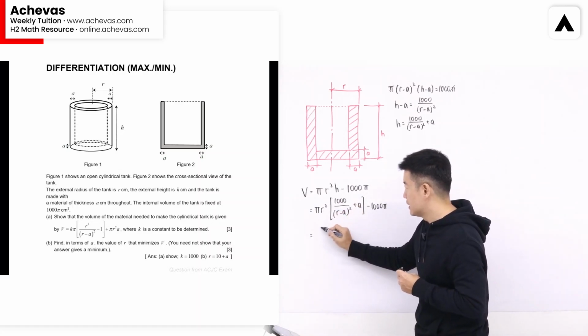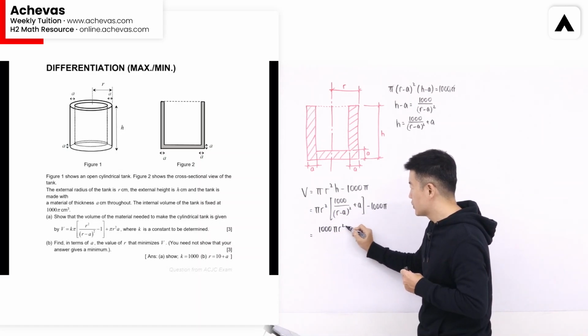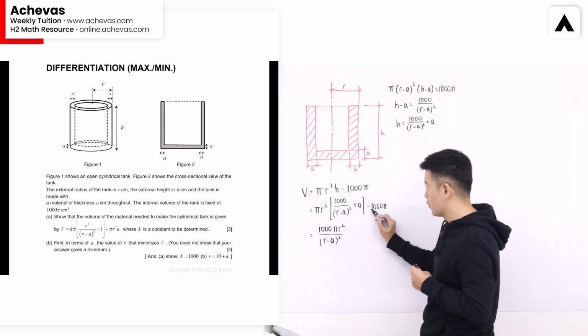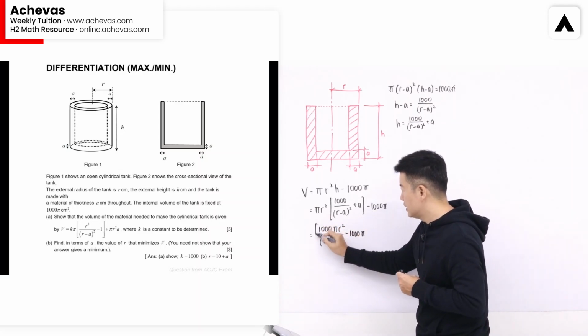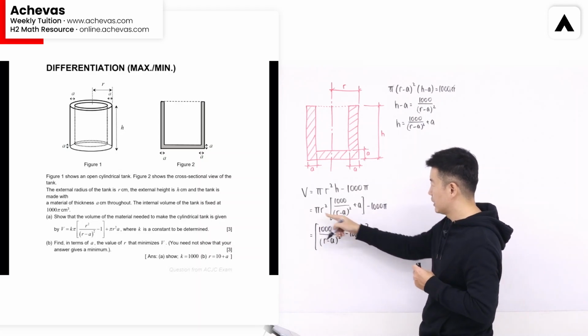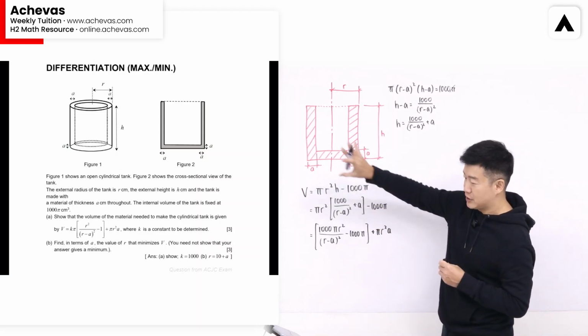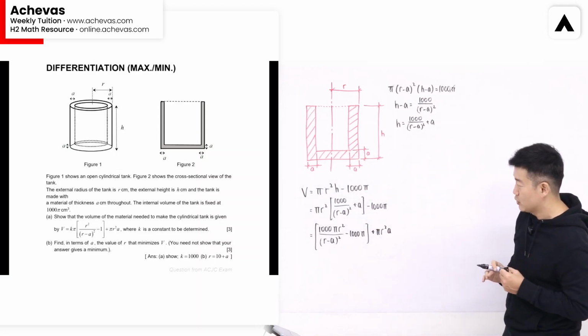This times this will be 1000 pi r square over r minus a square, grouping together with this, minus 1000 pi. So this, I'm going to be putting them together. This times this plus pi r square a. Okay, so at least the second expression is already synchronized to what we are supposed to be showing.